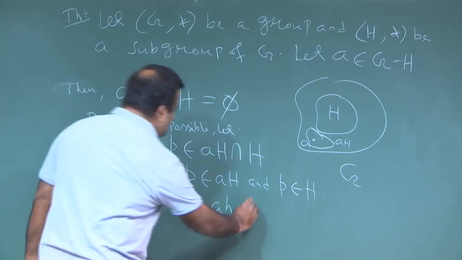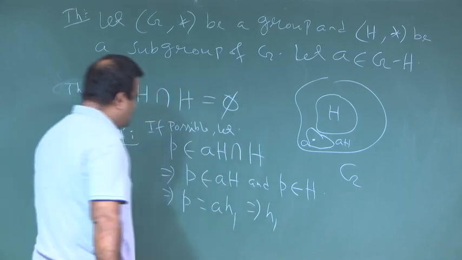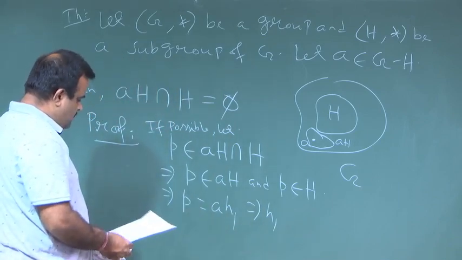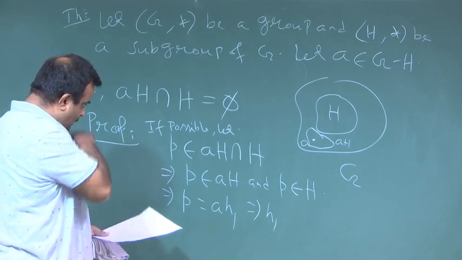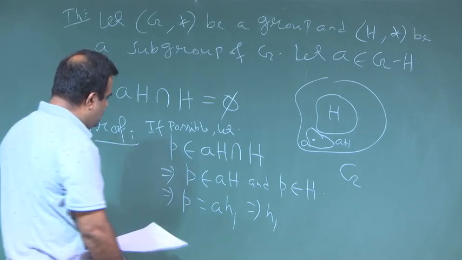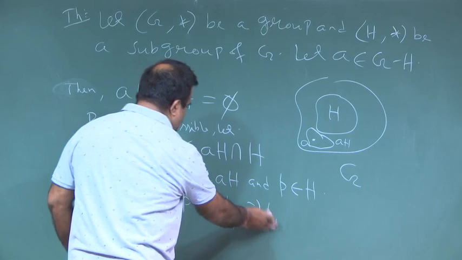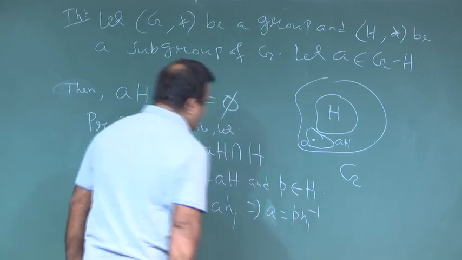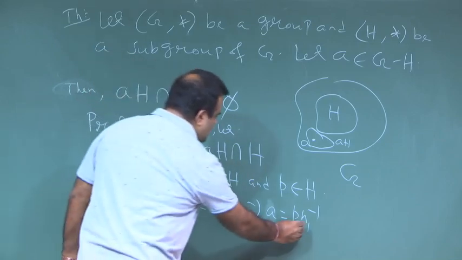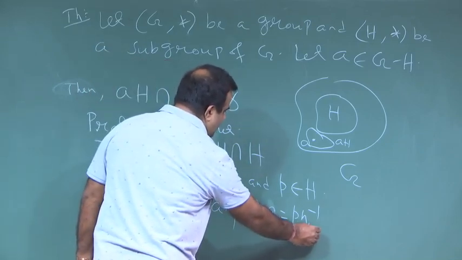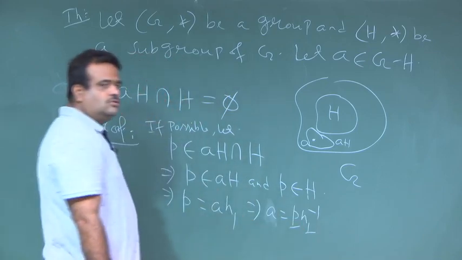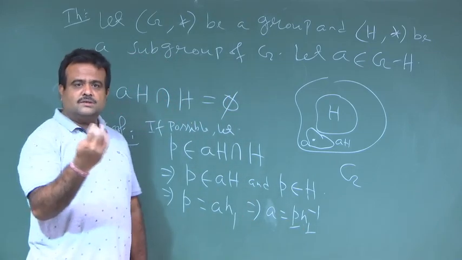Now, this implies h1 will be equal to a inverse p, so this implies a is equal to p h1 inverse. Now, h1 is in H, so h1 inverse will also be in H, because H is a subgroup.